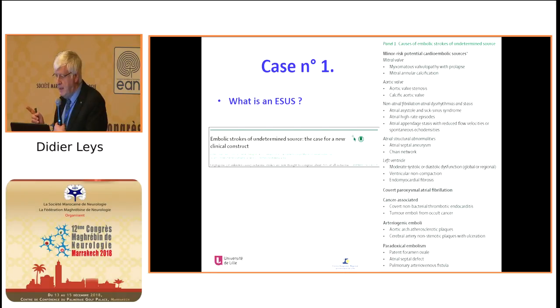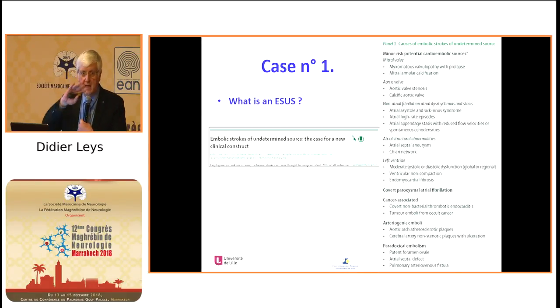I think the big mistake for the ESUS, and I wrote an editorial for Nature Reviews Neurology about it, is that in these patients we can see the emboli. So the chance that she has atrial fibrillation is very high here. But in the definition of ESUS, you just define the embolic origin because of the type of infarct and the lack of another source for this infarct, as judged by the neurologist in charge.